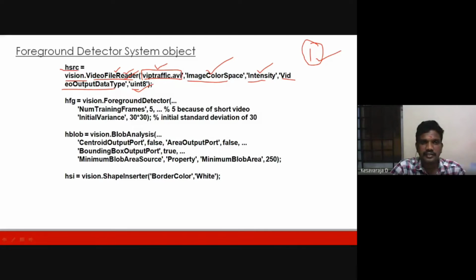So HSRC, handler for my source video. vision.VideoFileReader, input was my video file name, image color space was intensity, video output data type was uint8. So now my handler HSRC points to the video traffic. Now I am creating another handler, HFG, handler for foreground. So vision.ForegroundDetector.